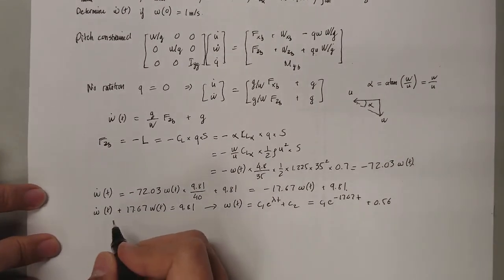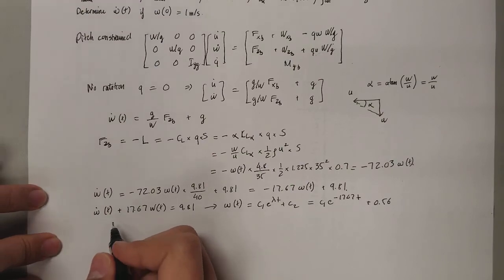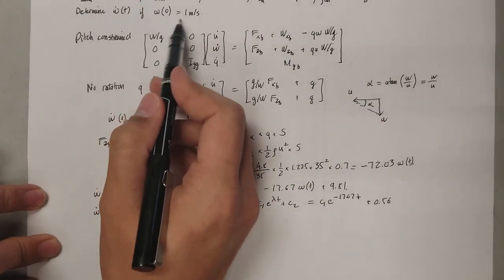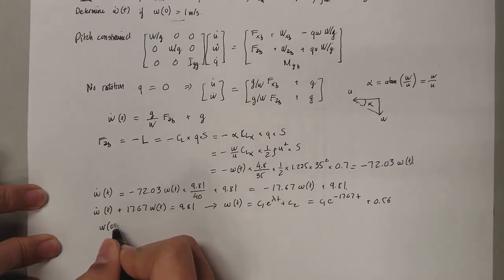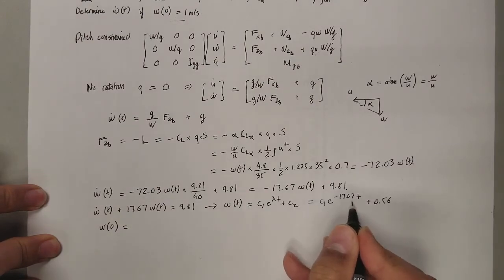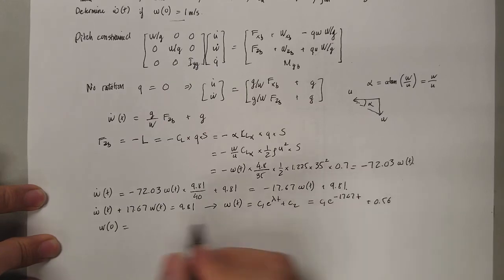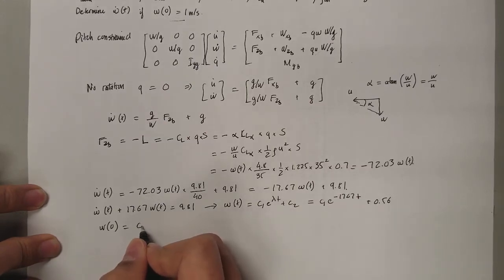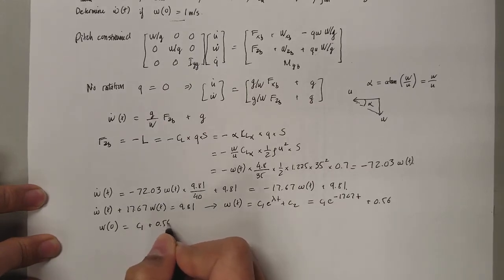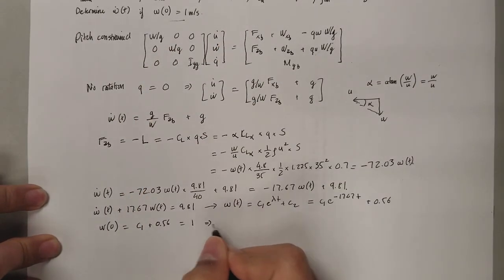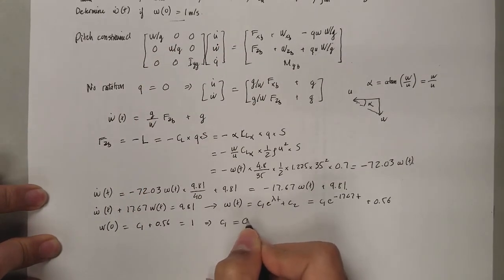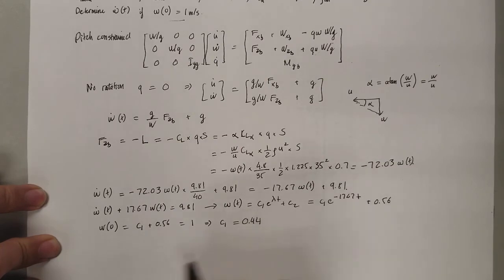Now it's time for us to use the initial condition given by the problem. W0 at time equals 0 turns out to be C1 plus 0.56, which is equal to 1. The constant C1 turns out to be 0.44.